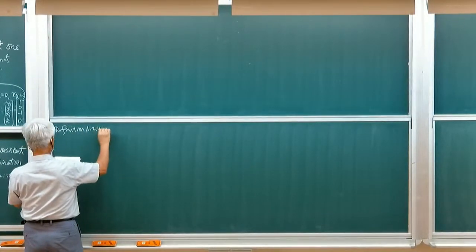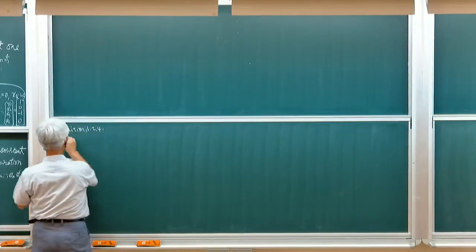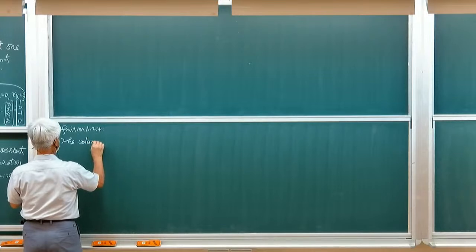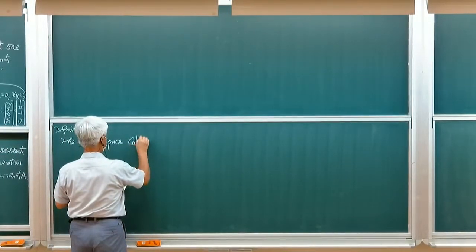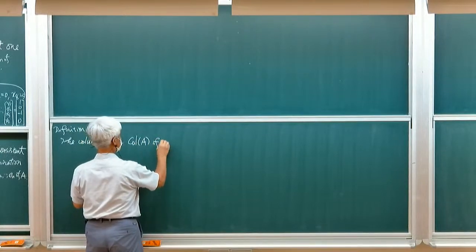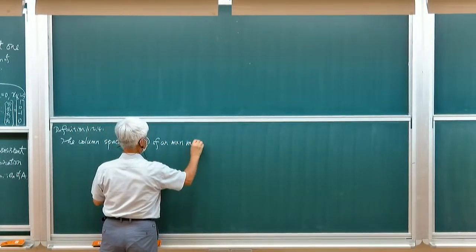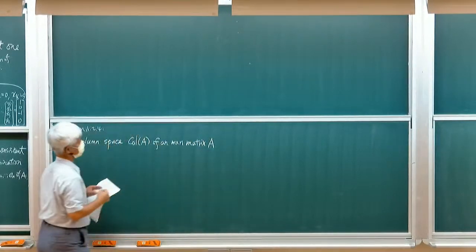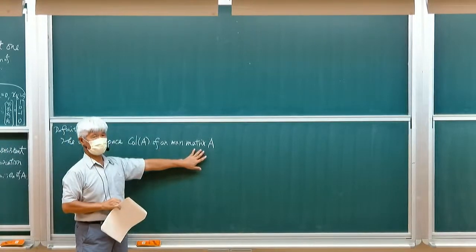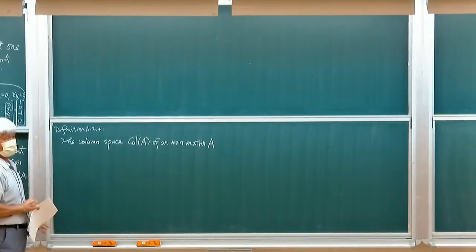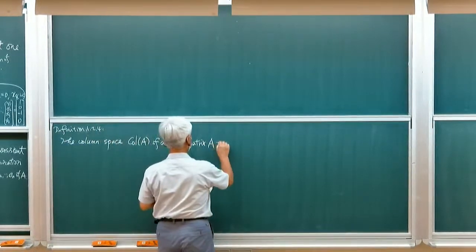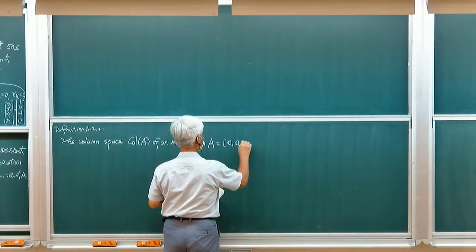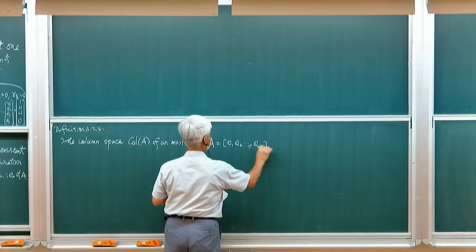So for our study, we give another definition. We introduce the concept of the column space of a matrix A. Say A is an m times n matrix, and we define the column space of A. The notation is Col(A). We write down its columns.